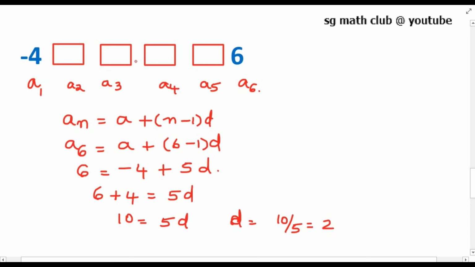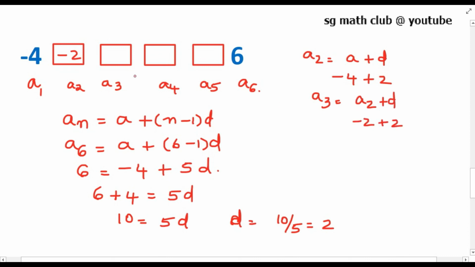So I can write the remaining terms. a2 will be a plus d, that is minus 4 plus 2, which is equal to minus 2. Again a3 will be a2 plus d, that is minus 2 plus 2. So this is 0.